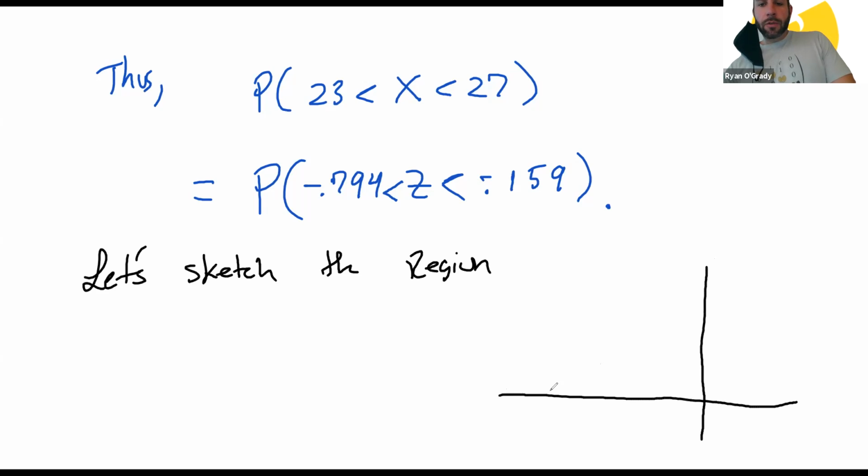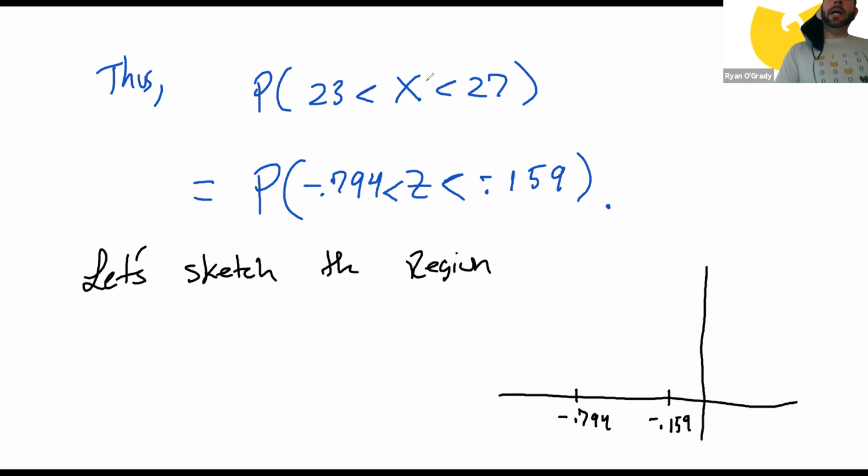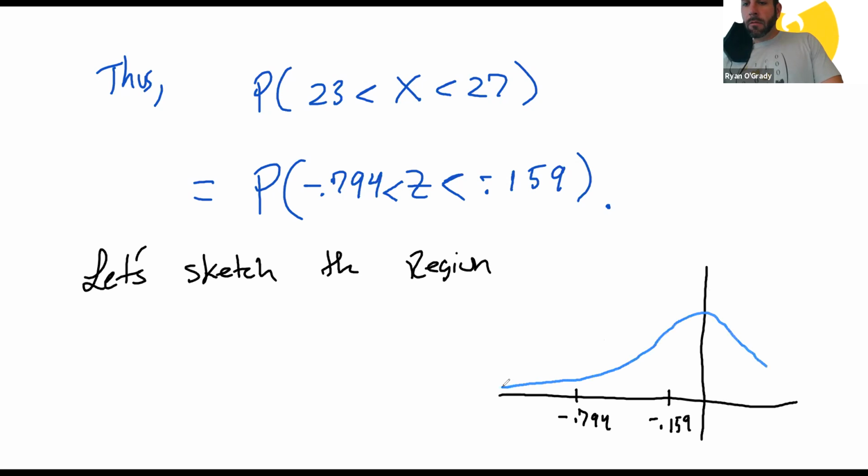My two important numbers are negative 0.794 and negative 0.159. I know I have a standard normal variable now, so my mean is the highest point, here, so it's going to look something like this. And what I'm interested in is this region here. That's the area that I need to determine.